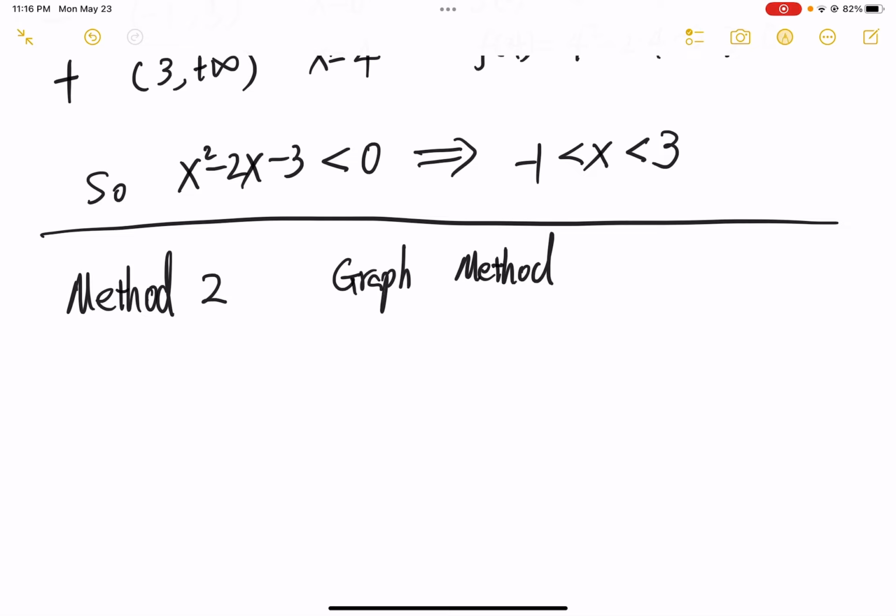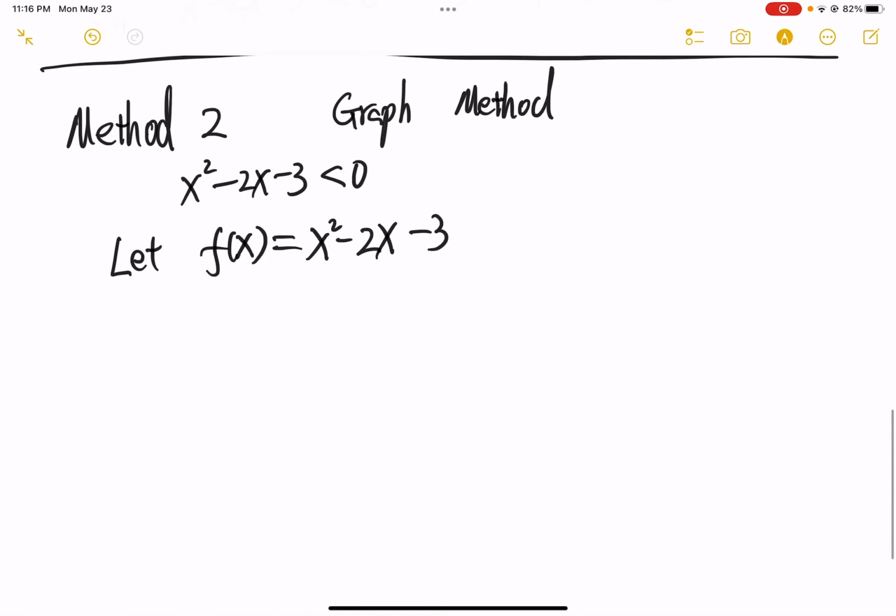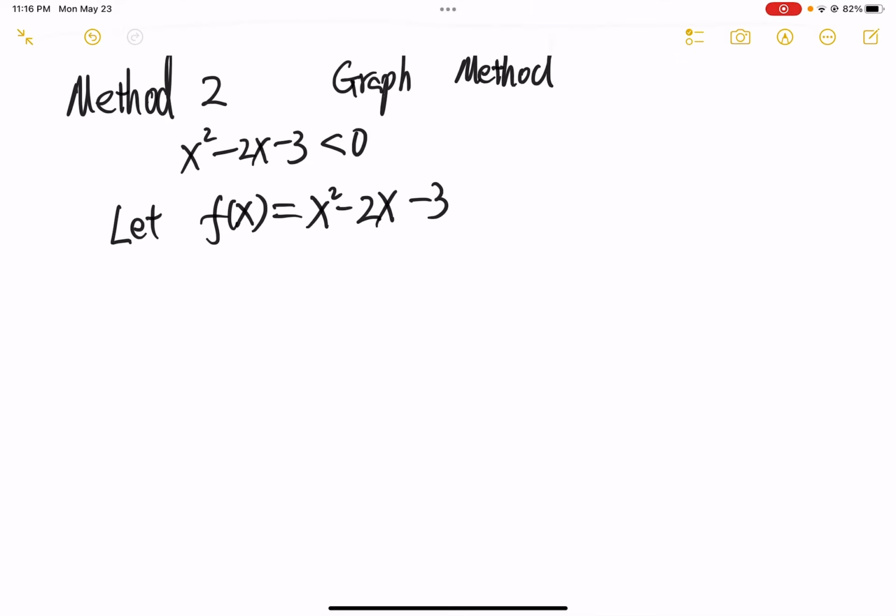So we still need to look at this inequality, right? We let the left side be f of x equals x squared minus 2x minus 3. We need the end behavior, which is y equals x squared, and y equals x squared looks like this.